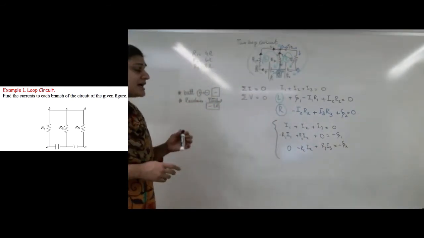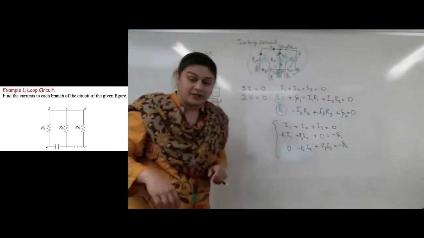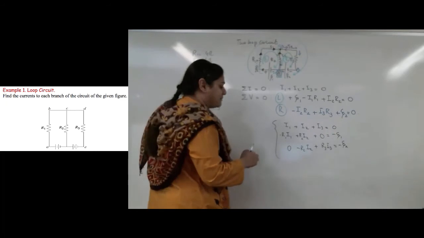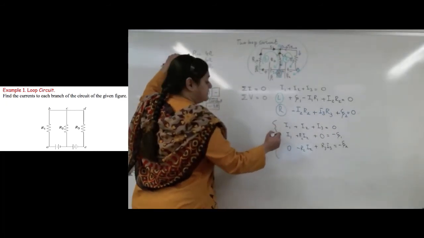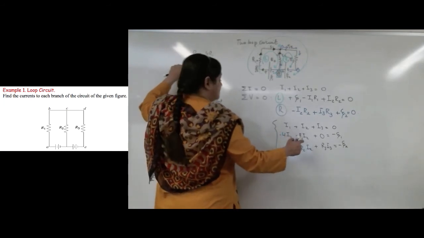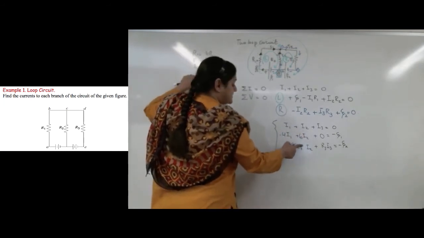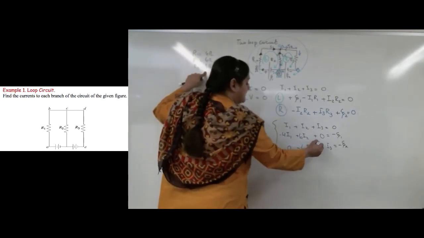Now why did I do this? The reason why I did this is because I actually have the values for R1, R2, and R3. And I'm going to be able to replace them with it. So you do another step. What is R1? 4. What is R2? 6. What is R3? 3.